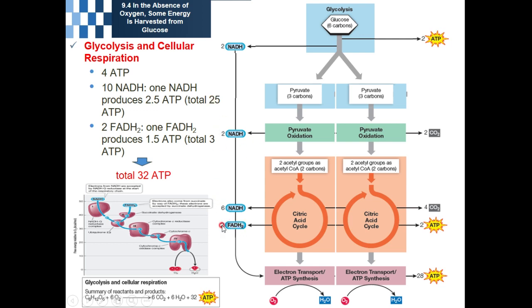How about FADH2? FADH2 has lower free energy. One FADH2 produces 1.5 ATP. It means that 1.5 multiplied by 2 will make a total of 3 ATP. So 4 plus 25 plus 3, total 32. So they will make a total of 32 ATP. We have to memorize it.